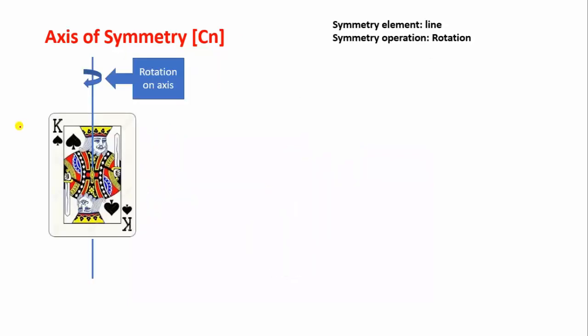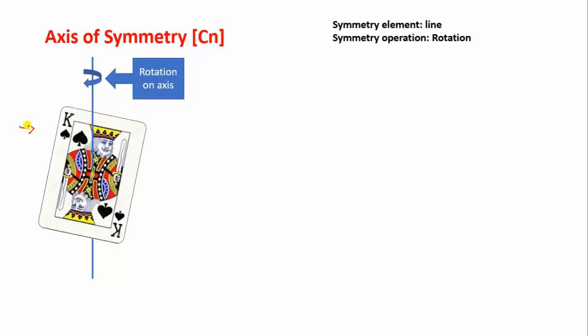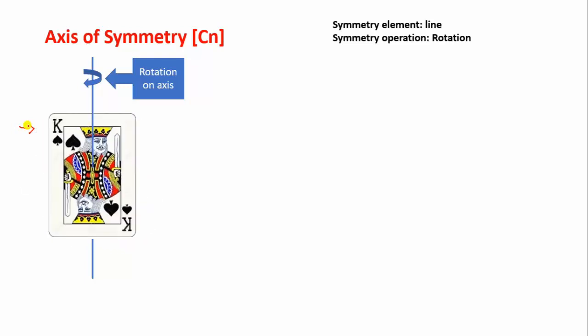By taking this example, if this object is rotated around its axis, it remains in its original shape. So that is called an axis of symmetry.